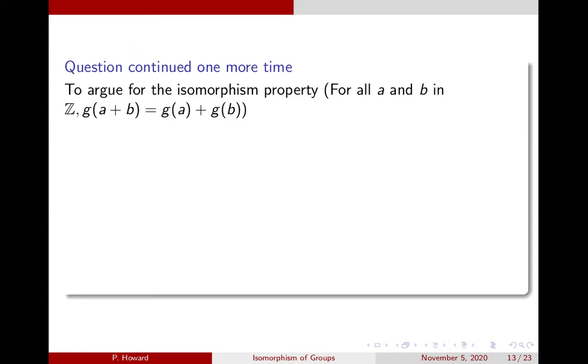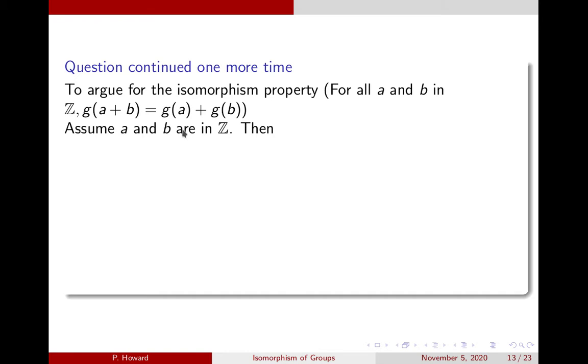And now finally we have to argue for the isomorphism property, which, as we noted before, is for all a and b in the set of integers, g of the quantity a plus b is g of a plus g of b. And the way we're going to do this is simply try to simplify both sides of this equation and see that they simplify to the same thing.